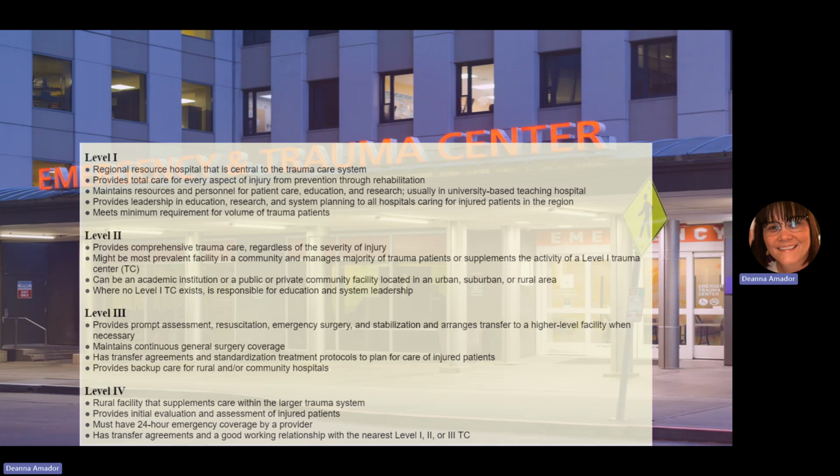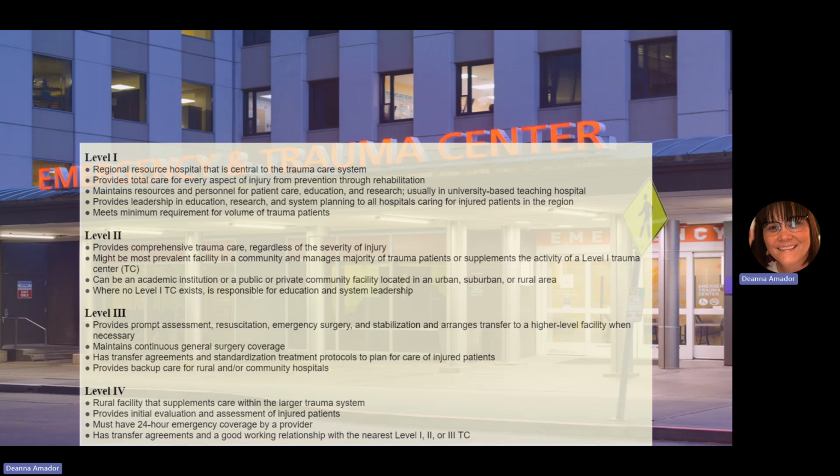So, first of all, know that there are trauma centers. Certain hospitals have certain accreditations to make them a certain level of a trauma center. This slide talks about the different levels, 1, 2, 3, and 4. Not every hospital is a trauma center. Even to get a level 4 accreditation is kind of difficult.